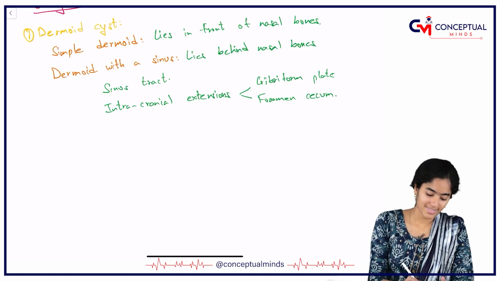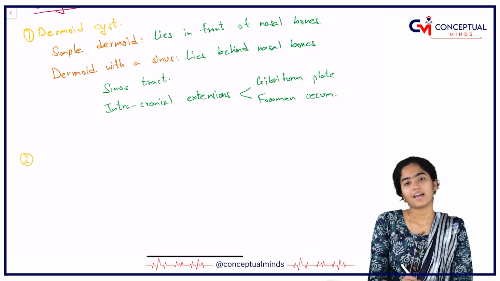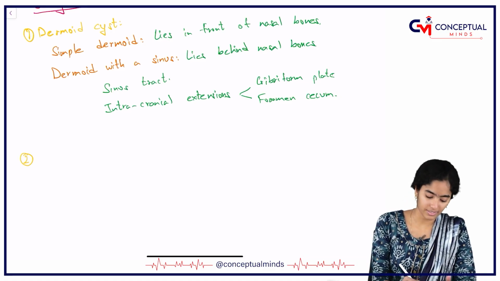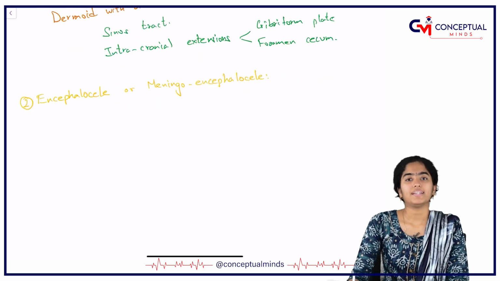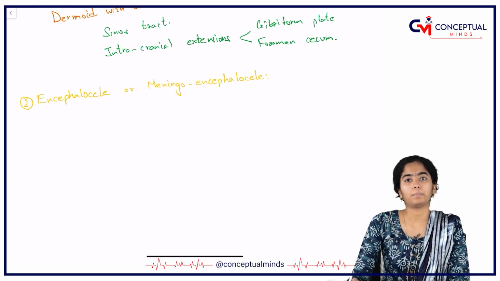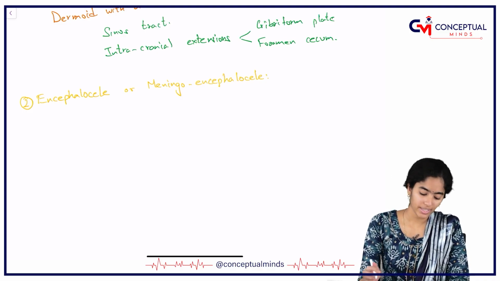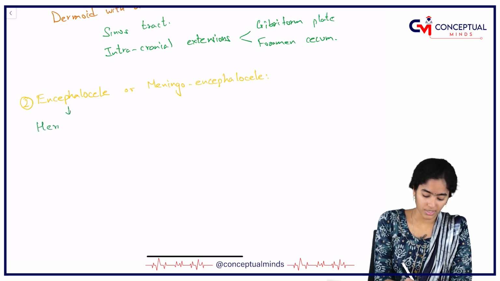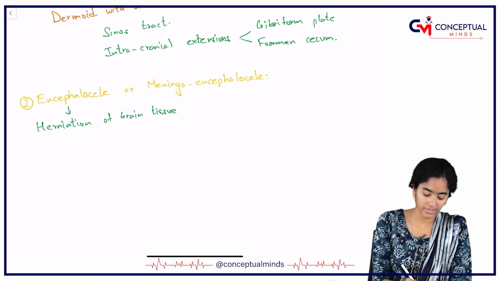After dermoid cyst, next in this list is an encephalocele or meningoencephalocele. What is encephalocele or meningoencephalocele? It is herniation of the brain tissue via a congenital bony defect. Encephalocele is herniation of brain tissue. How will it herniate?